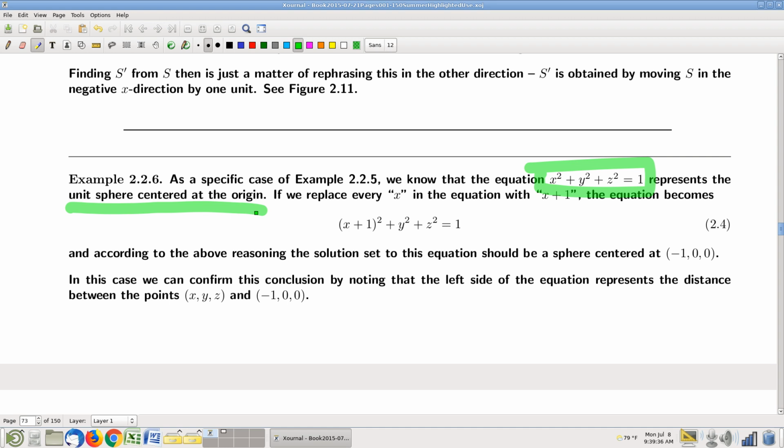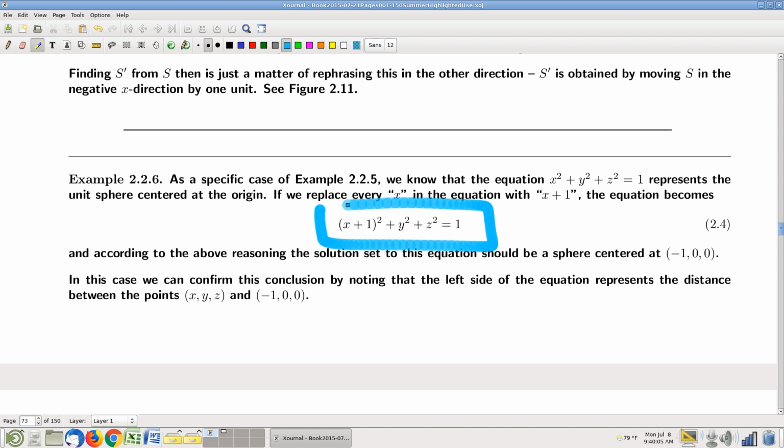Another way to see this, which is also pretty easy, is that this is just the square of the distance to the origin. And so if we're looking at the set of points whose distance to the origin is exactly 1, that's very clearly a sphere. All right. So what then is the solution set to this equation? This is a different equation here. Well, here's the thing.